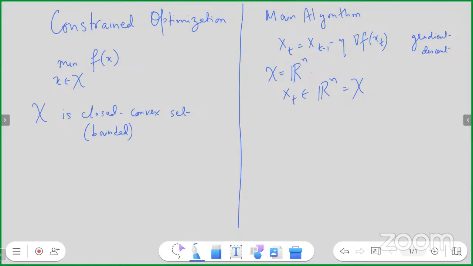If you want to use this algorithm under constraint, what is the most obvious thing you would do? Scale. Scaling the set X. How can I scale the set X? Set X is X. This is producing iterates x_t, x_{t+1} and so on. You want the final answer to belong to the feasible set.